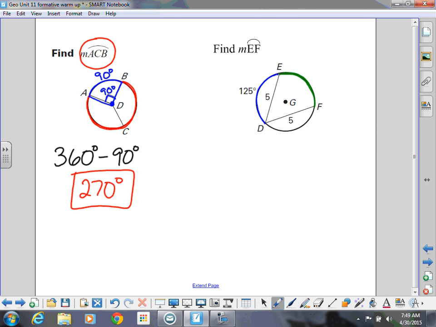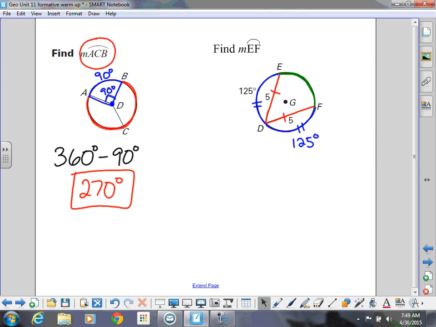Now the other thing they told us is that this chord is 5 and this chord is 5. So those are congruent chords, which means that these arcs that the chords cut off, those intercepted arcs, the blue arc here and then from D to F, would also be the same. So if I know those are the same, then I know this is 125 degrees.